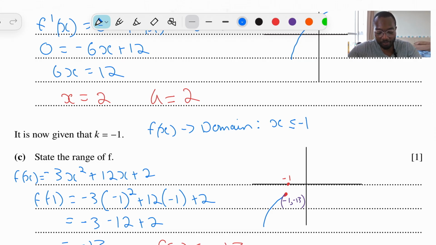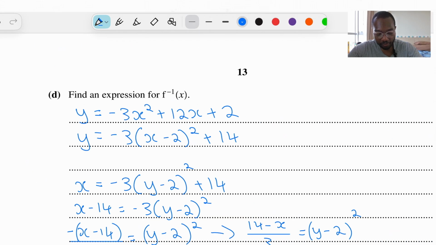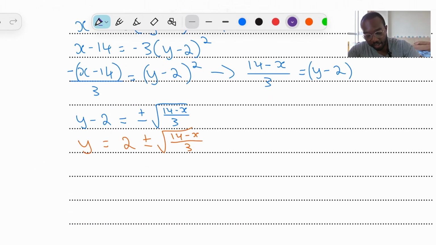Now remember, when we're dealing with inverses, it's just going to be the opposite, okay? If I write it here, for f of x, the domain is x less than or equal to minus 1.